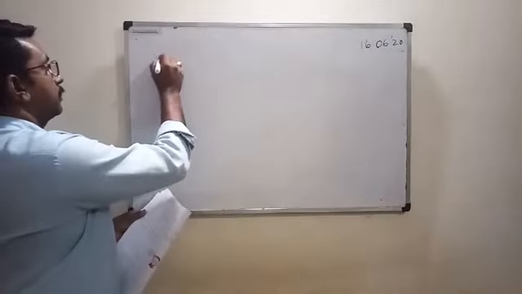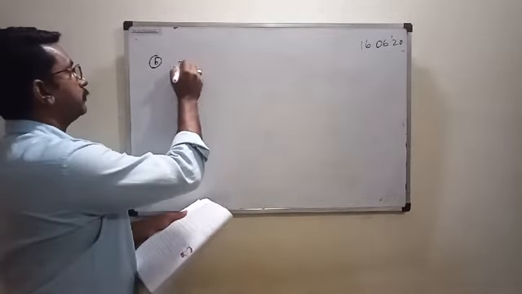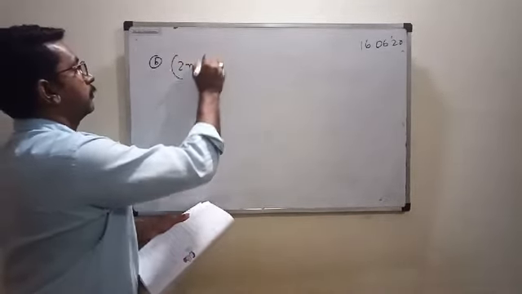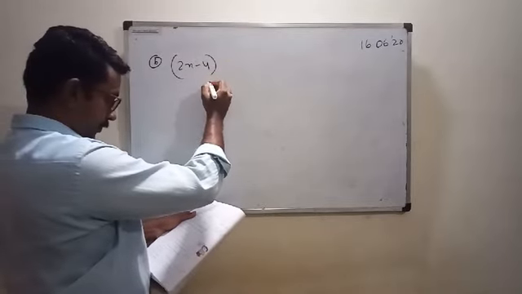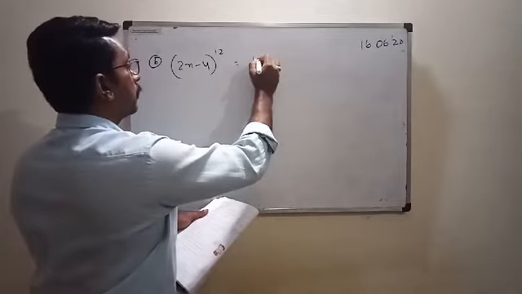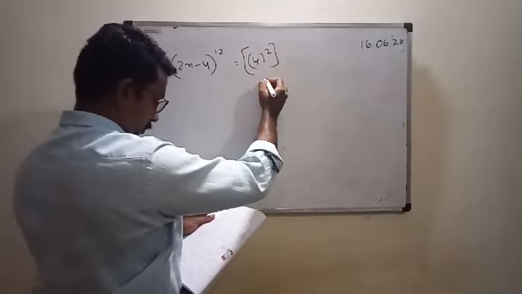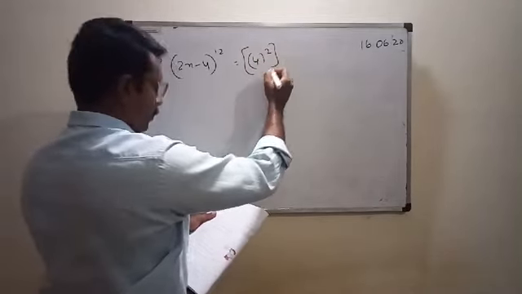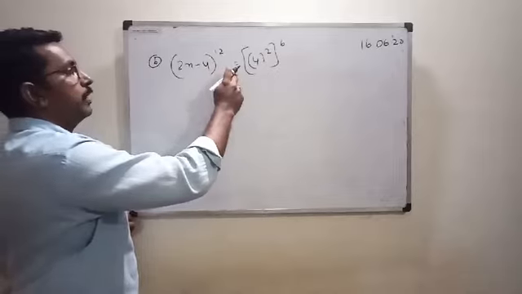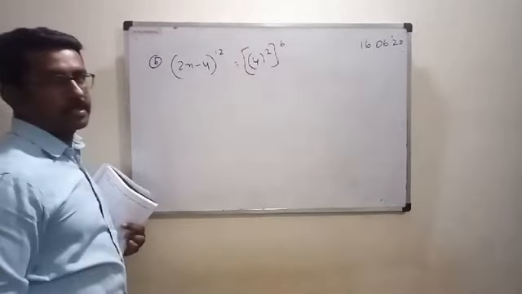See question number 6. Look at this. 2x minus 4 to the power 12 is equal to 4 squared to the power 6.